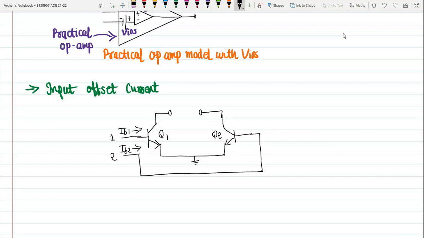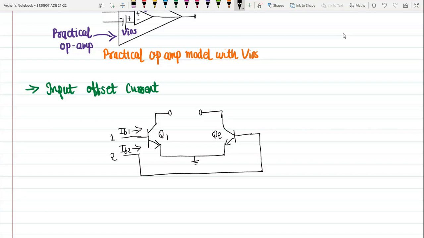Ideally this should be equal, but practically these currents differ from each other by a very small amount. Whenever a manufacturer manufactures the transistor, he will try to match the characteristics, but because of the mismatching in the doping level of the semiconductor device, exactly matched characteristics are not possible, and that is the reason why the base current IB1 and IB2 values will differ.